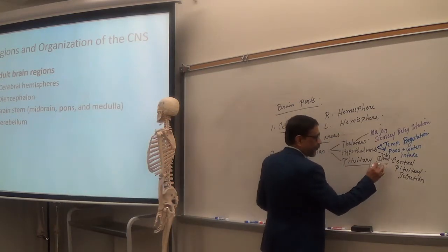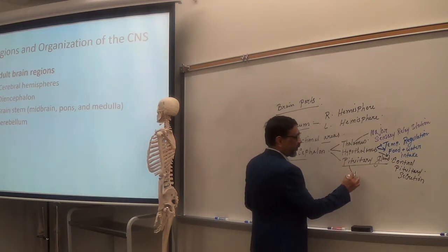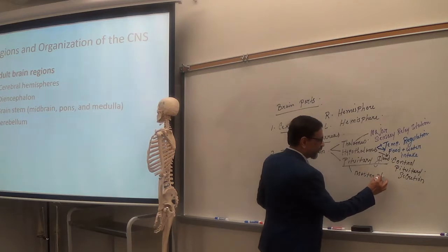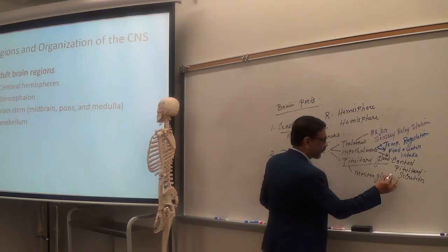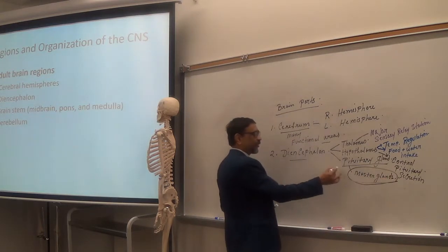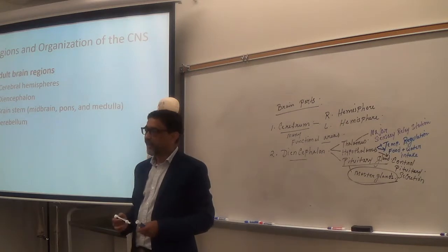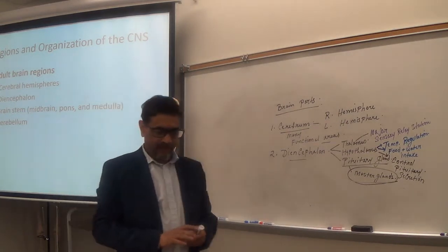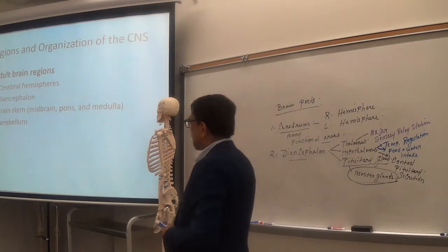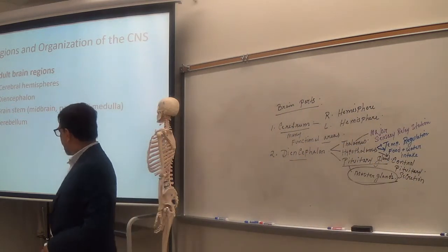Pituitary gland is called what? Master gland. That means it is the boss of other endocrine glands and regulates the secretion of other endocrine glands of the body. So the pituitary is the master gland. So that is the diencephalon.